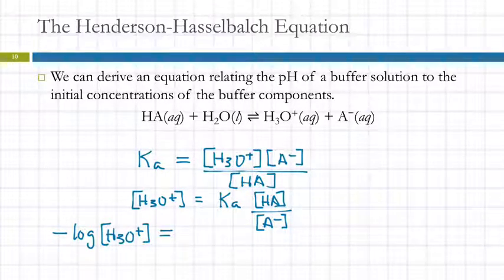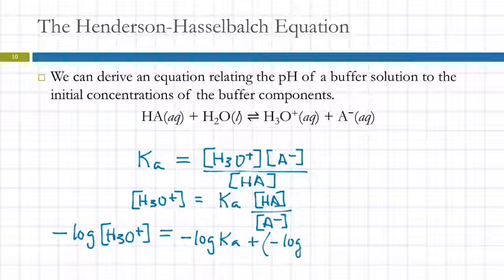If I do that, then I have to take the negative log of the other side as well. So the negative log of things that are multiplied would be the negative log of one plus the negative log of the other. So negative log of Ka plus negative log of HA over A minus.